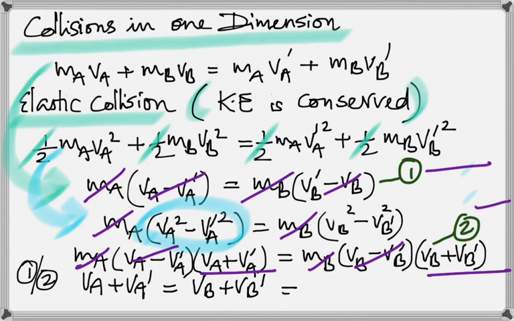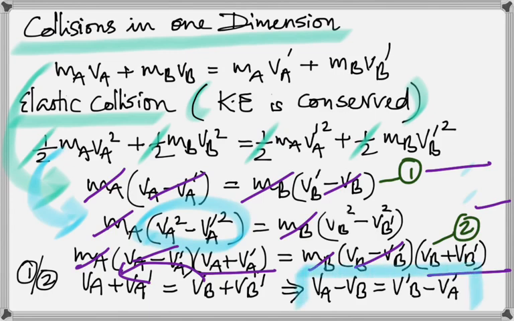Therefore, if you rearrange that, you take VB to the other side, it'll become VA minus VB is equal to VB prime minus VA prime. Even if you don't cram the whole method of derivation, you need to remember the last one because that's really important.